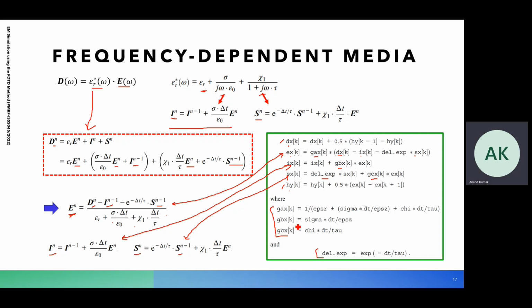This particular one is Gx, Gax, this is, I believe, GBX, this is GCX, and this is del XP. So this is all the formulation behind frequency dependent media.